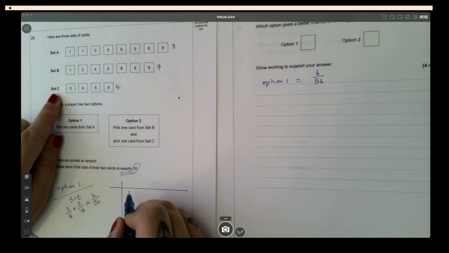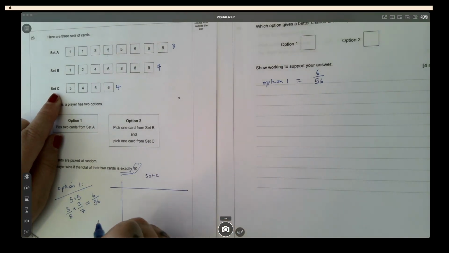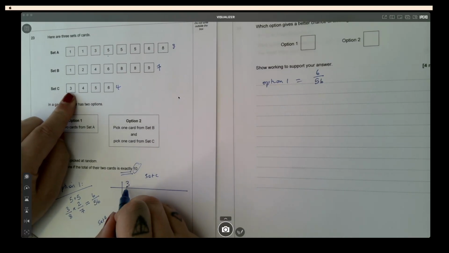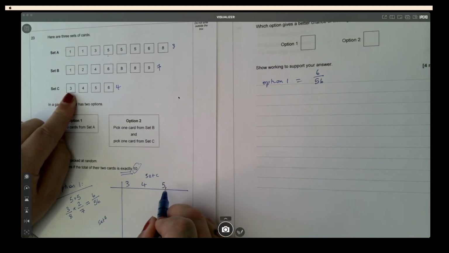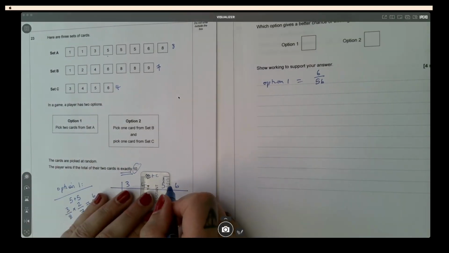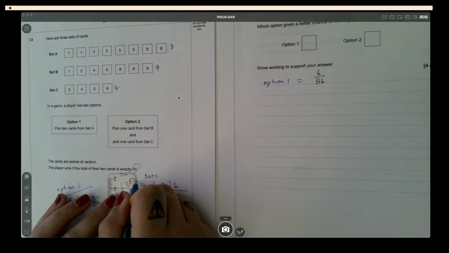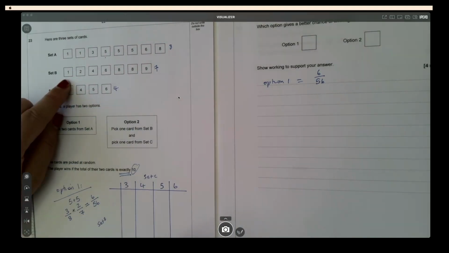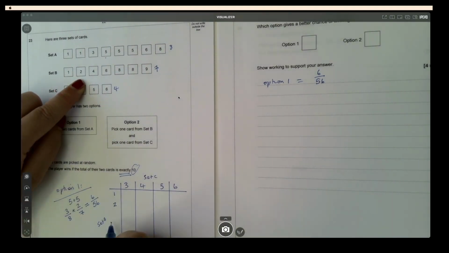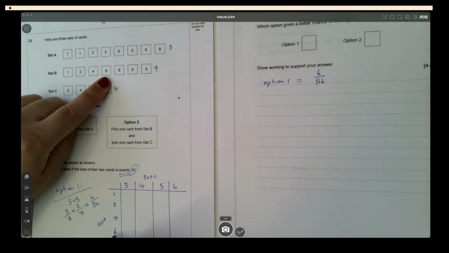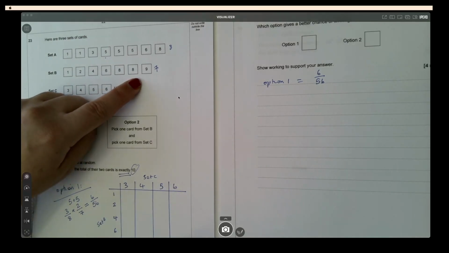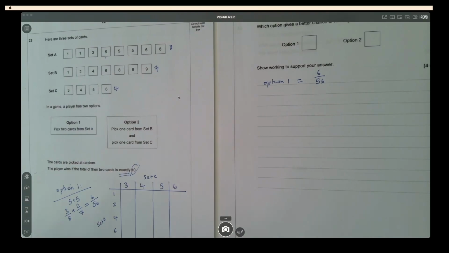So here we've got set C, and then here we'll have set B. Set C, the options are 3, 4, 5 and 6. I just find it easier to sort information into diagrams. And then for set B, we have 1, 2, 4, 6, 8, 8 and 9. So we can extend our lines there.